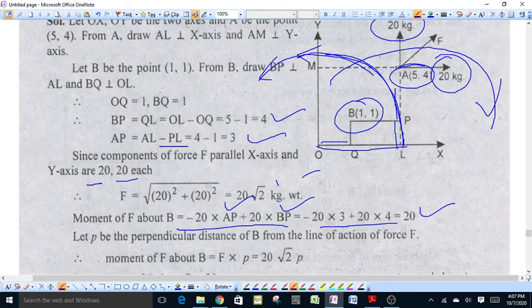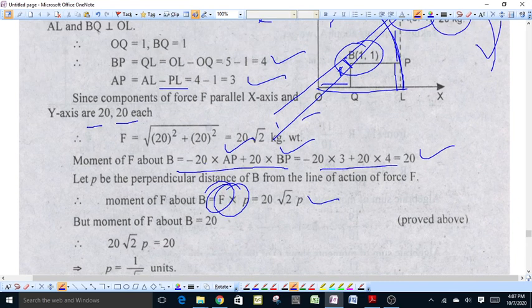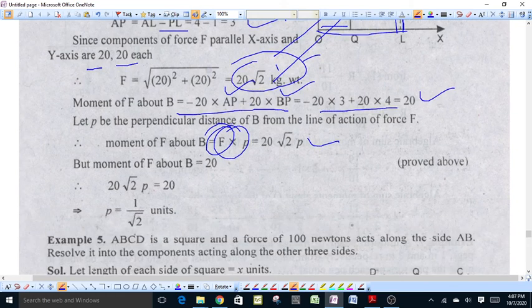Now suppose that p is the perpendicular distance of point B (1, 1) from the line of action of force F. Then the moment of the force about B will be equal to the magnitude of force F into p, which is 20 root 2 into p, because the magnitude of force F comes out to be 20 root 2.